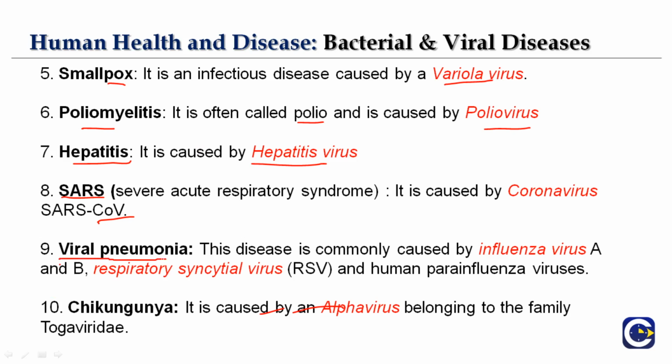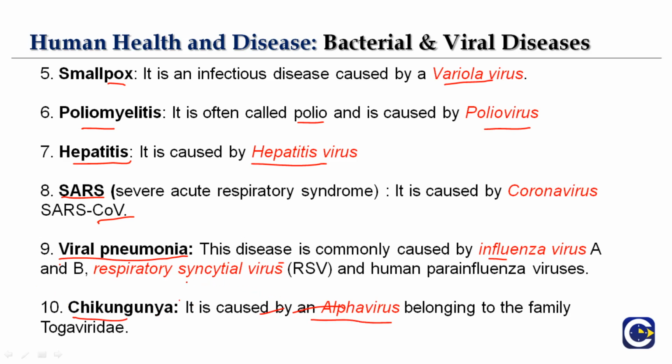Next we have viral pneumonia. This disease is commonly caused by the influenza virus, with serotypes like A and B, the RSV, that is the respiratory syncytial virus, and parainfluenza viruses also cause viral pneumonia. Next we have chikungunya. It is caused by an alphavirus belonging to the family Togaviridae.